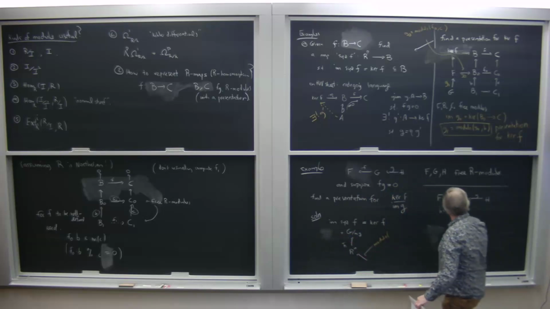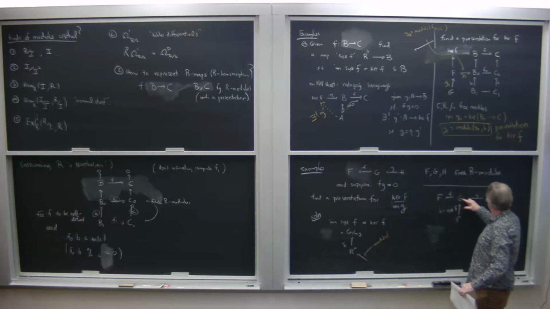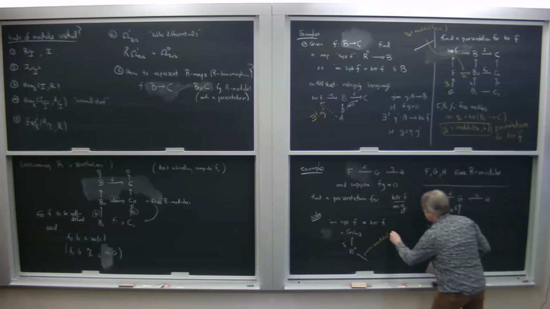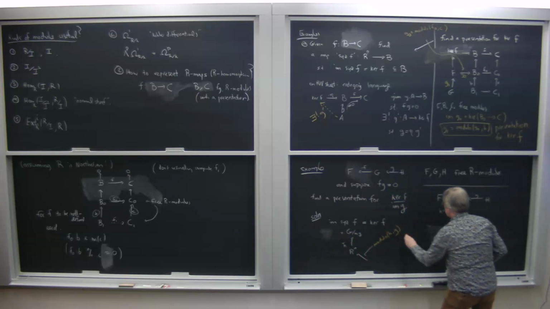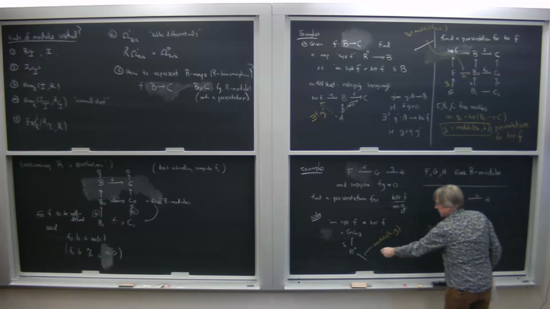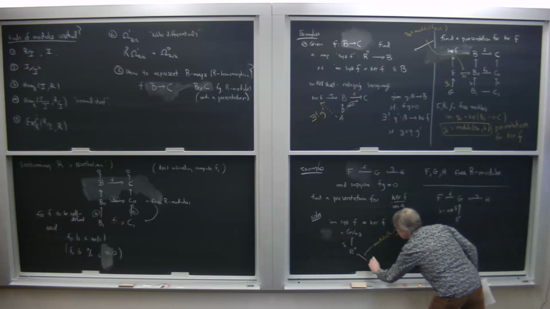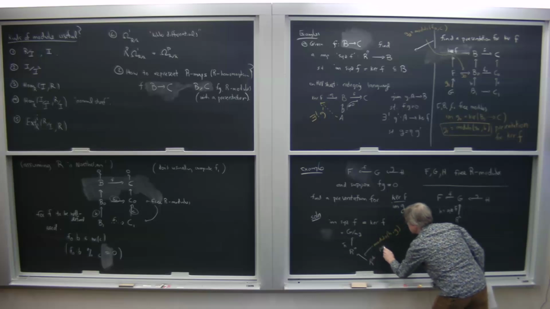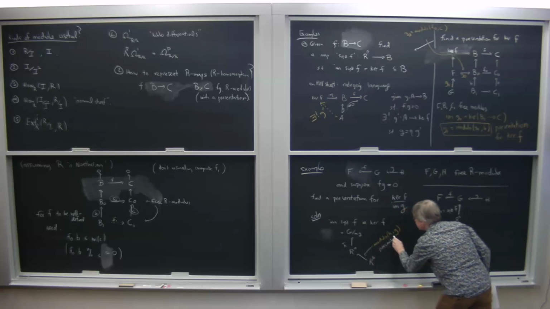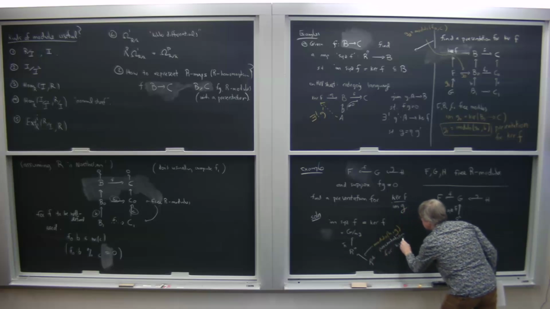So it's the map H here, modulo this stuff. So it's H comma G. And this goes to some R to the B here. And this is a presentation for kernel of F mod the image of G.